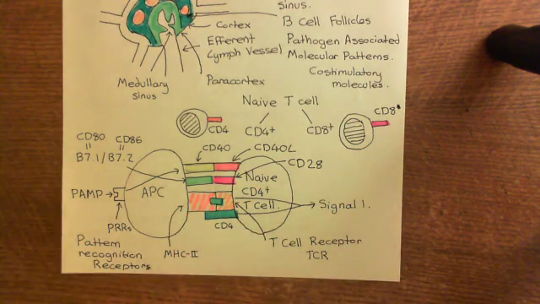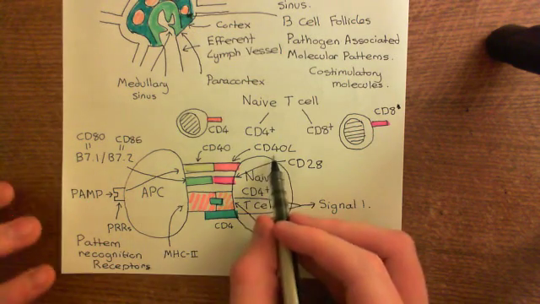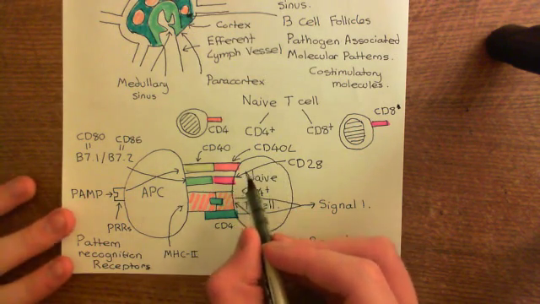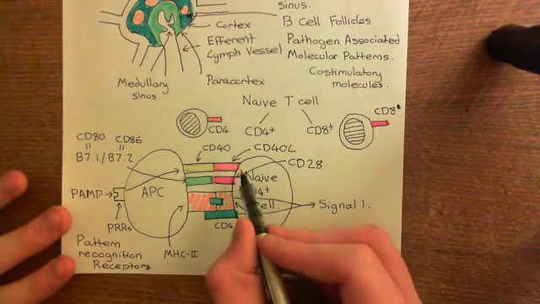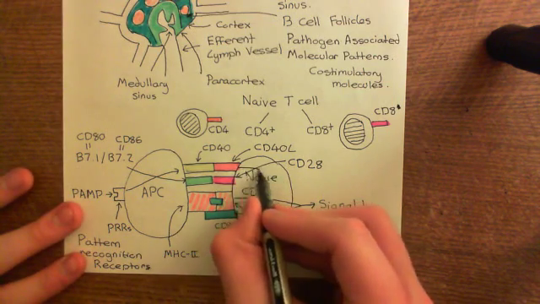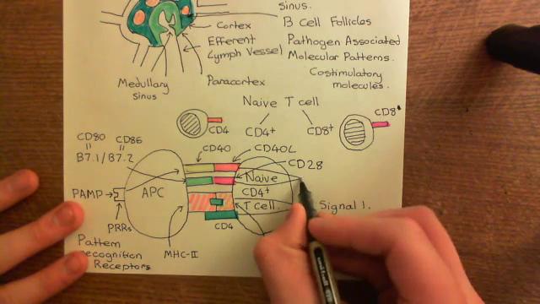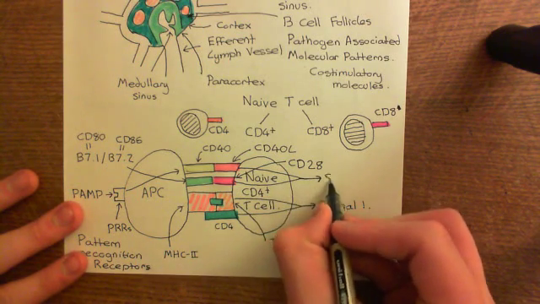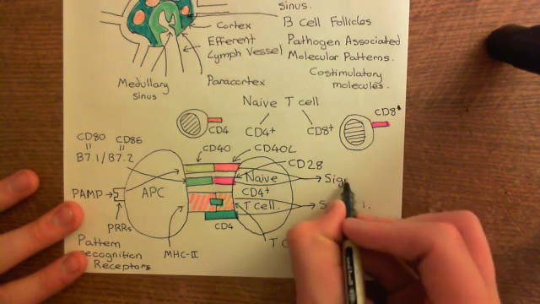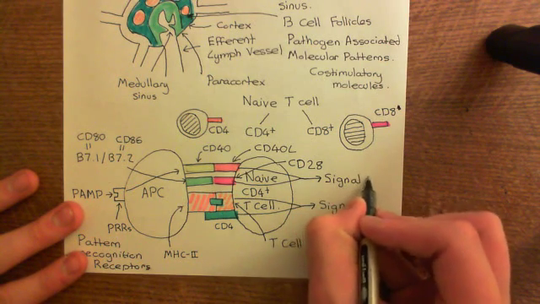Okay, right, so when CD40 ligand and CD28 have both bound their respective ligands on the surface of the antigen-presenting cell, they give signal 2 to the naive CD4 positive T cell.